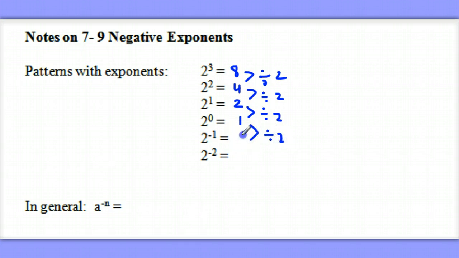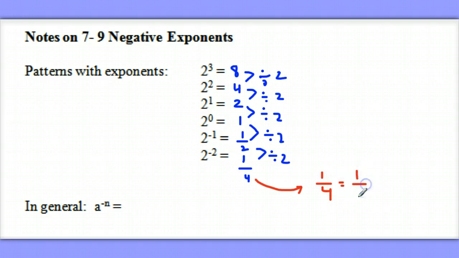So 2 to the negative 1 power is 1/2. And if we continue with this pattern and divide by 2 again, we would see that 2 to the negative 2 power is 1/4.